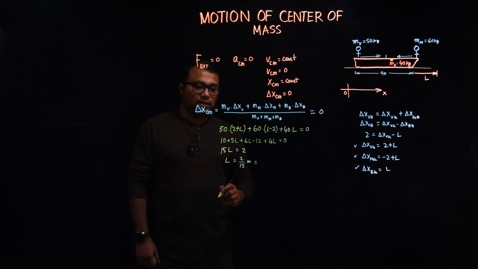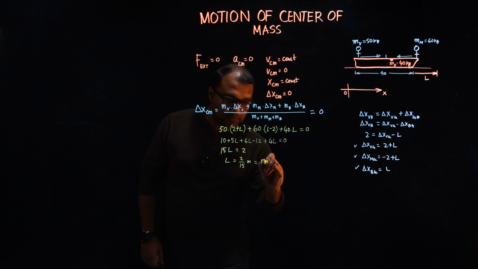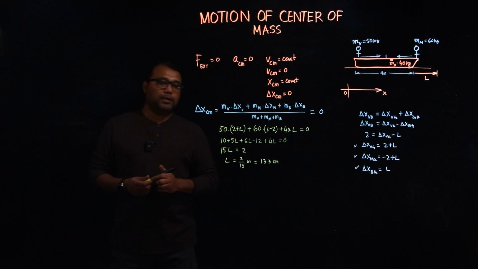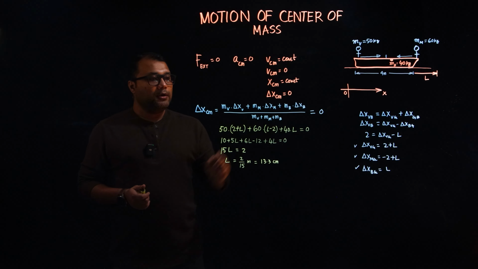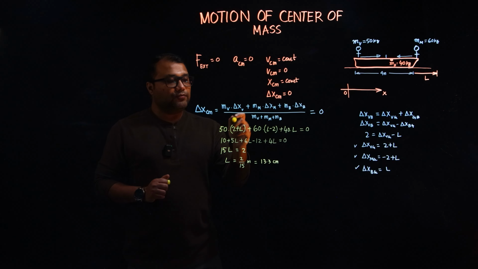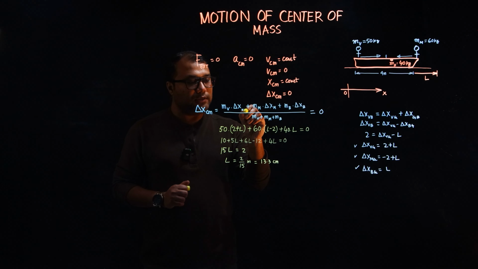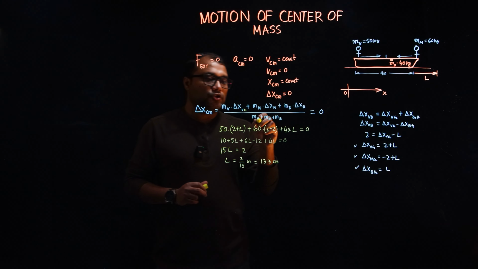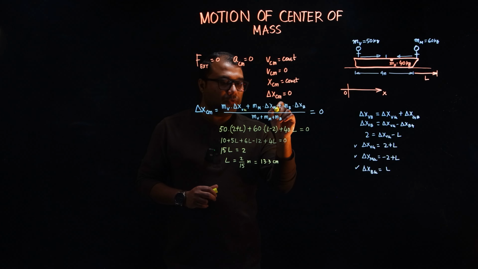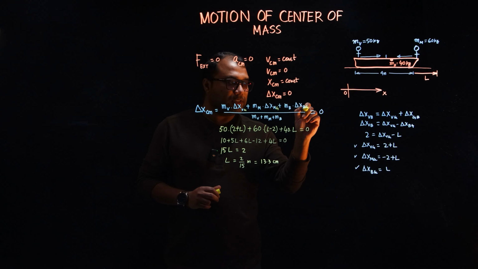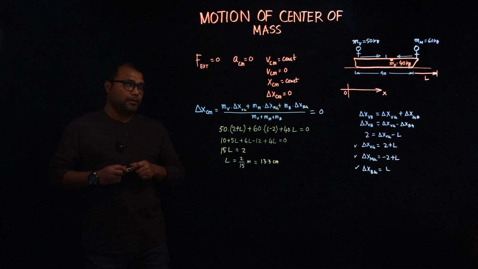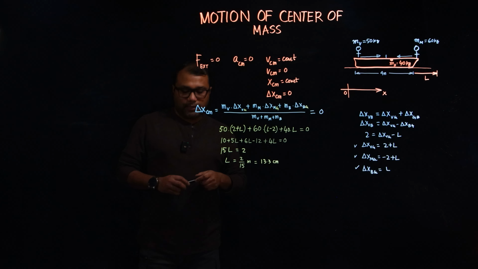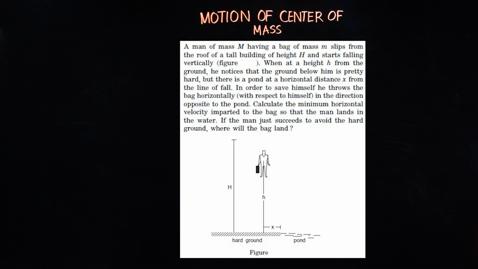This should come out to be roughly 13.3 centimeter. Okay. So yes, we are applying this formula, but understand that these displacements should be all with respect to ground, with respect to one frame of reference. Okay. All right, great. Okay, you can read this question.